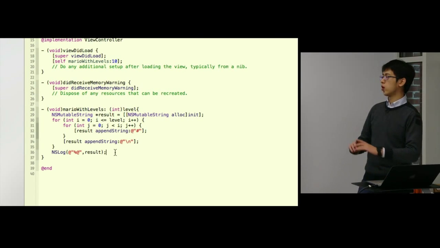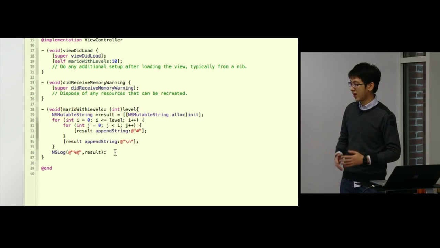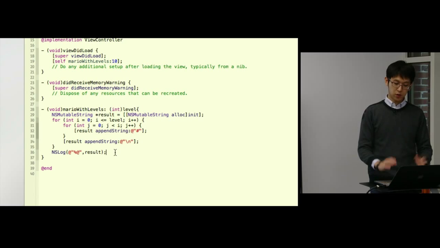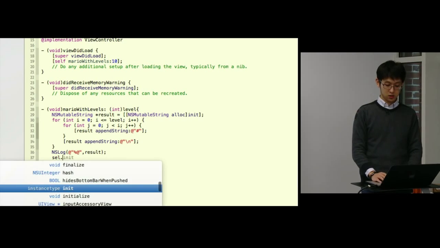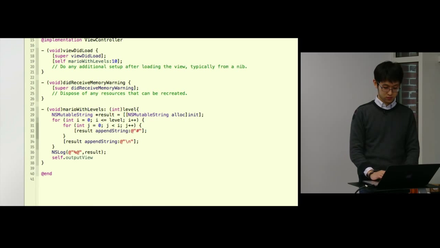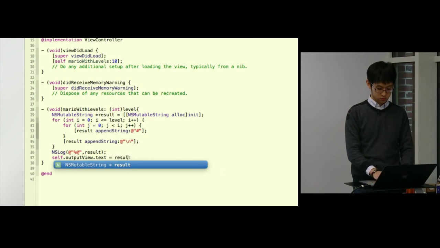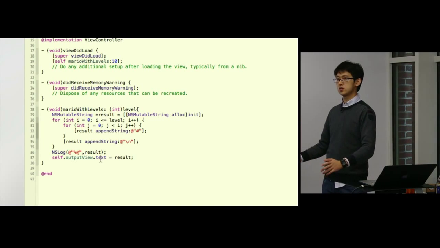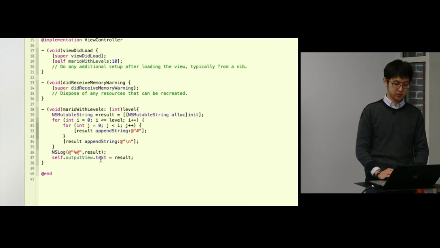So in our actual code, let's do something with it. This time, when we're printing out the final result for Mario, we're not logging anything. I mean, we could keep the logging statement. In addition to that, we send the result we just created to the output view, which is a UI text view we just created.